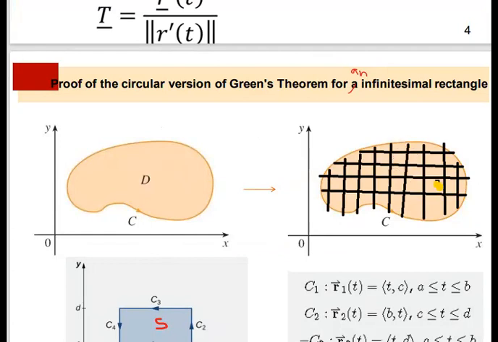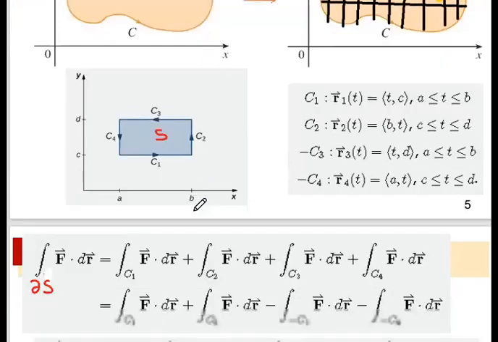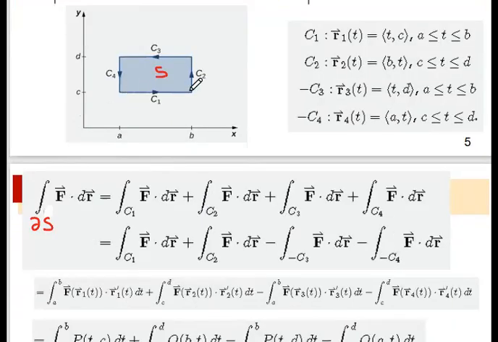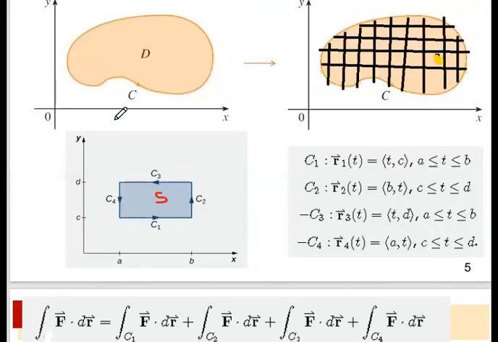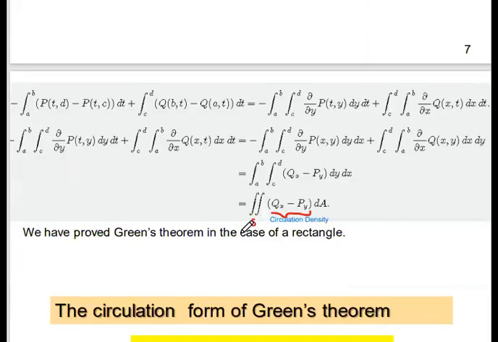Then you can compute the circulation along this path piece by piece, because it is piecewise continuous. Finally, when you compute this, what do you get?